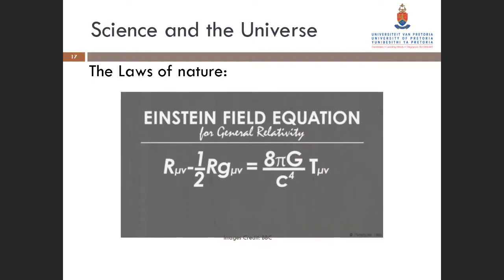So, before continuing on with the laws of nature, what do you guys think are the limitations that we have with the laws of nature? So, speed of light, yes, we are coming to that as well.